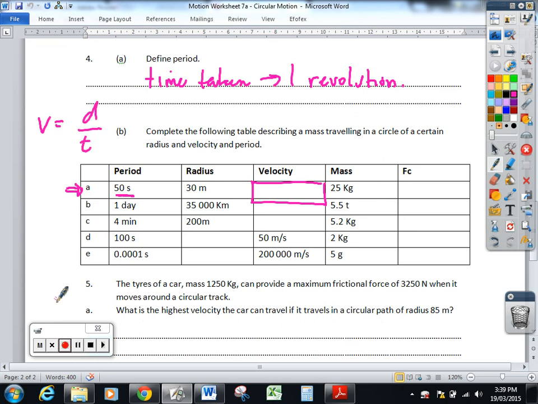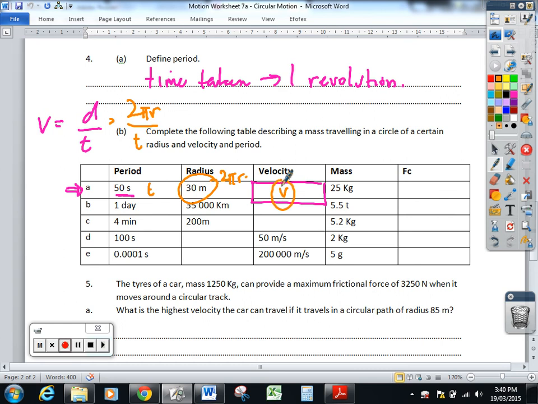This is a circle. Don't forget the distance in a full circle is 2 pi r. And the time taken is T. So we use 2 pi r and this one over here as T, and we can work out the velocity. So we now can work out v here.